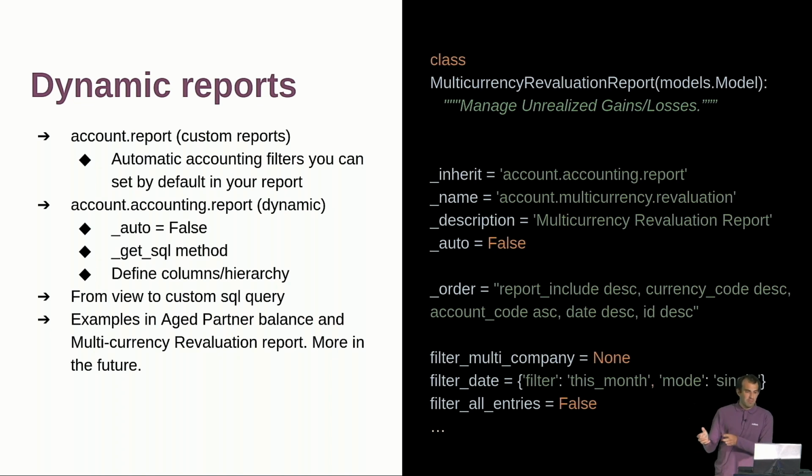And this has become the accounting report. We have already adapted this for the multi-currency revaluation report, as you can see here. And it's also done for the partner balance. And we are checking if there are other reports that we can change in the same way.